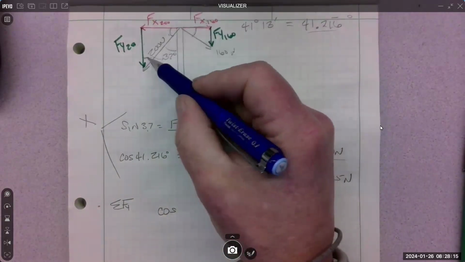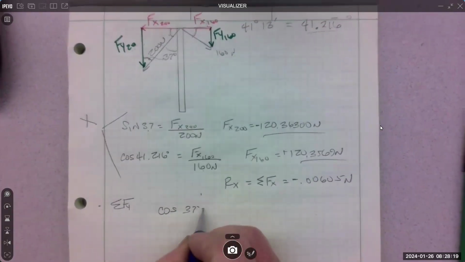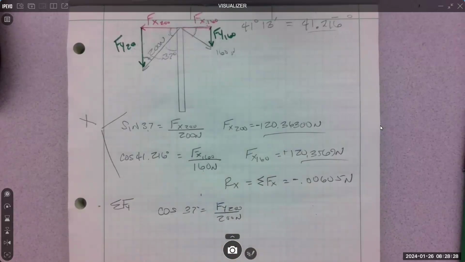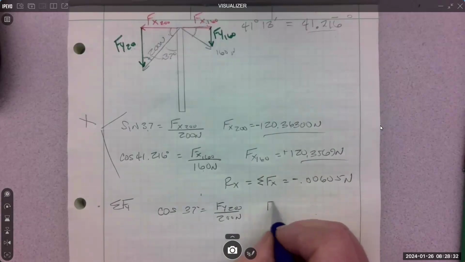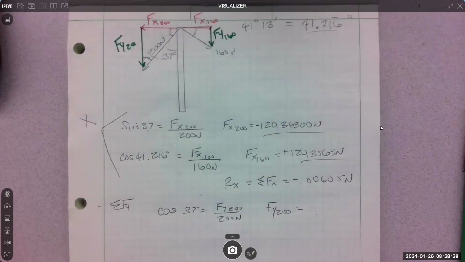Cosine 37 is Fy of the 200 over 200. Fy 200 equals 159.727.